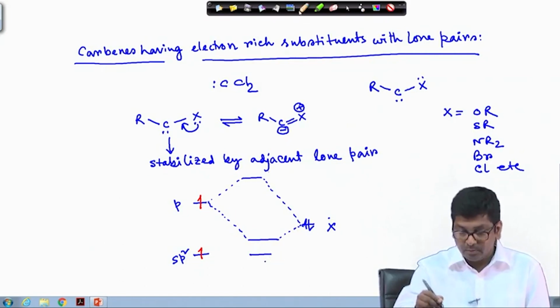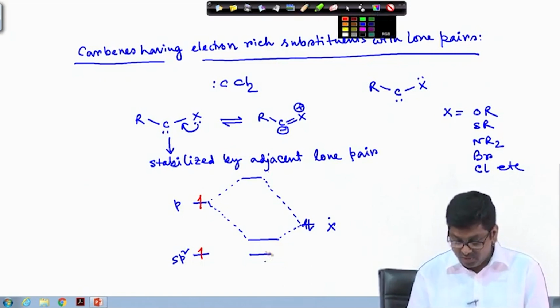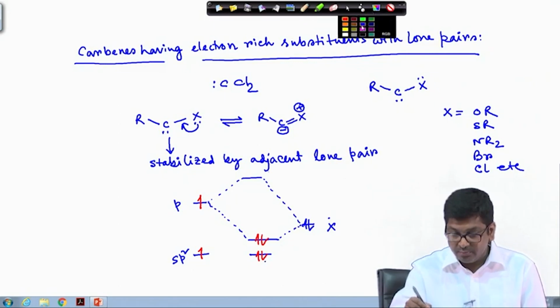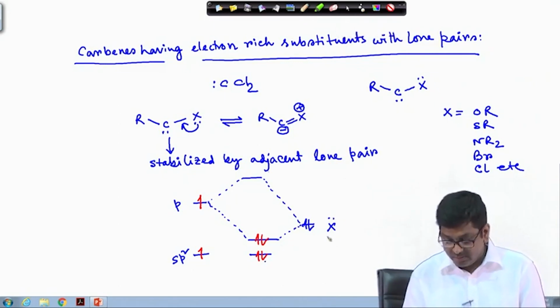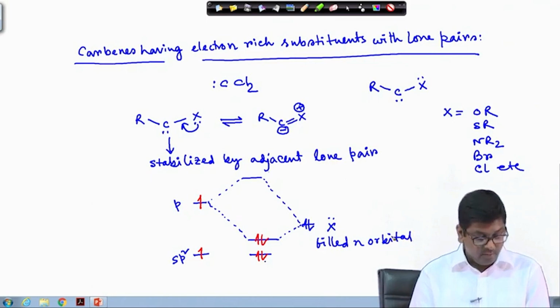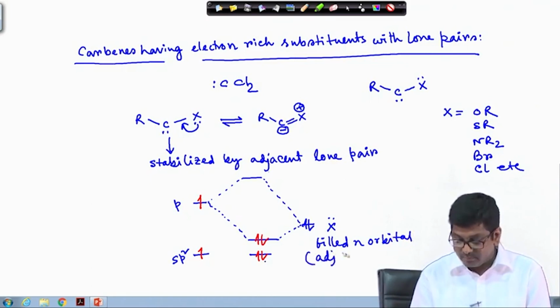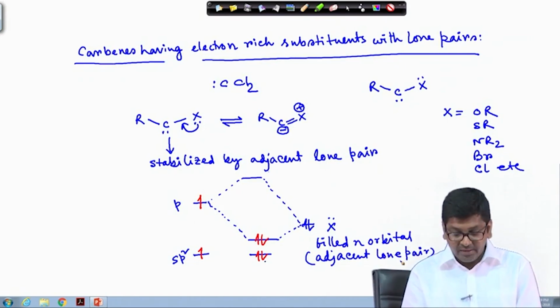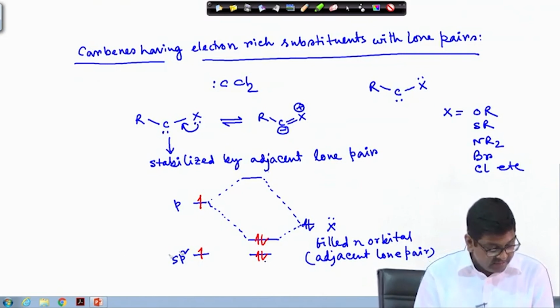Now the electrons, if we think, are like this and like this, and this is the filled n orbital. Okay. This is the adjacent lone pair. And this is the partially filled orbitals of triplet carbene.